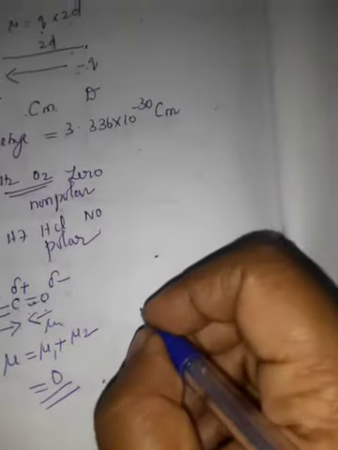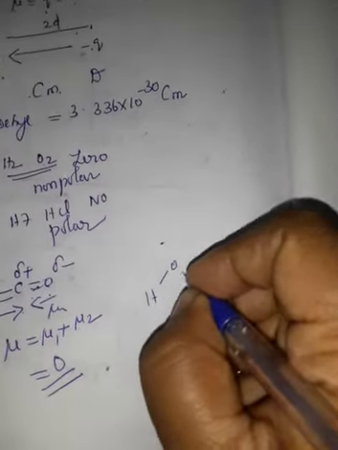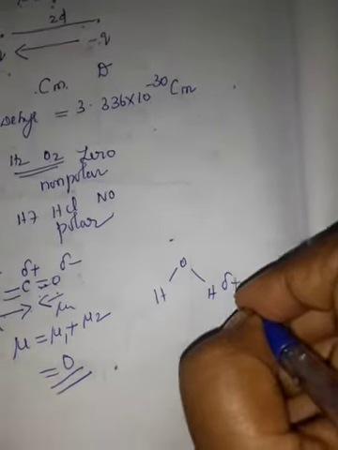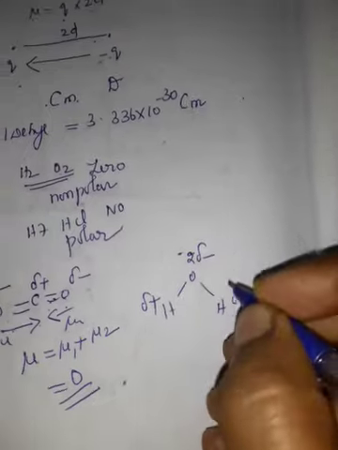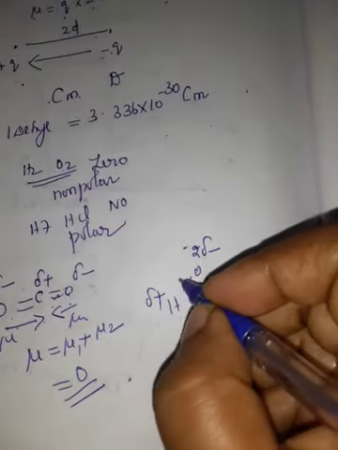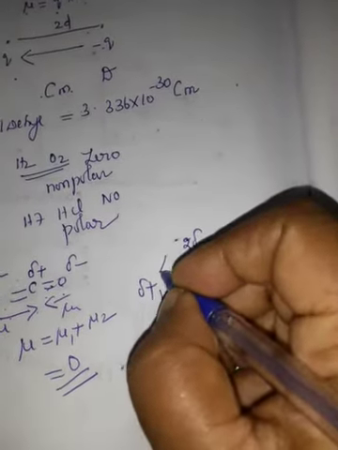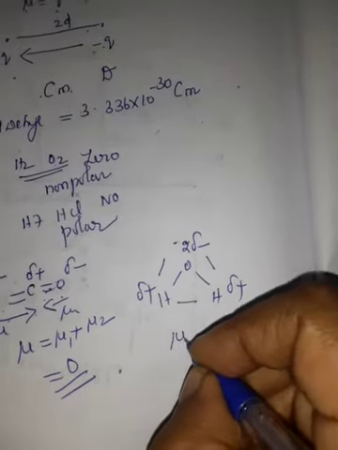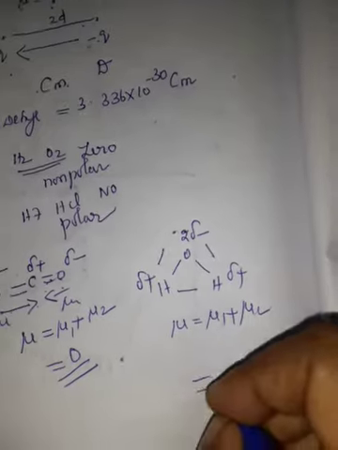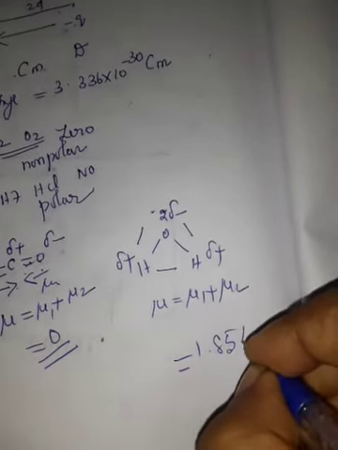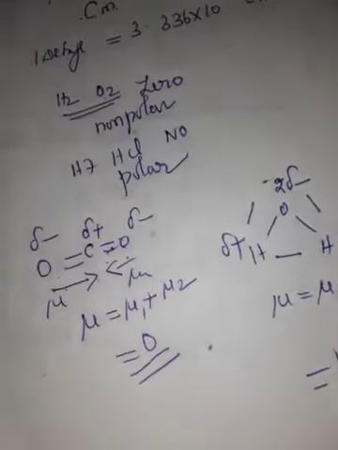Similarly, if you take the water molecule H2O, having small positive charges on hydrogen and small negative charge on oxygen, this is mu 1, this is mu 2. So what is mu? Mu is equal to mu 1 plus mu 2. For this one the value is 1.85 debye.